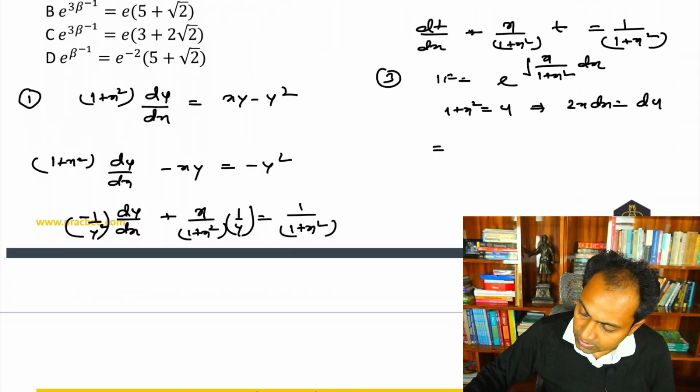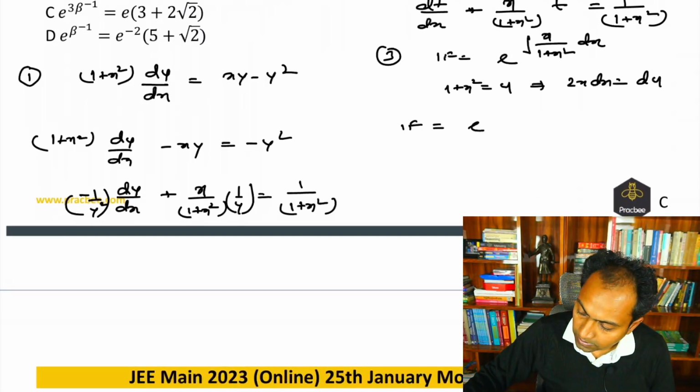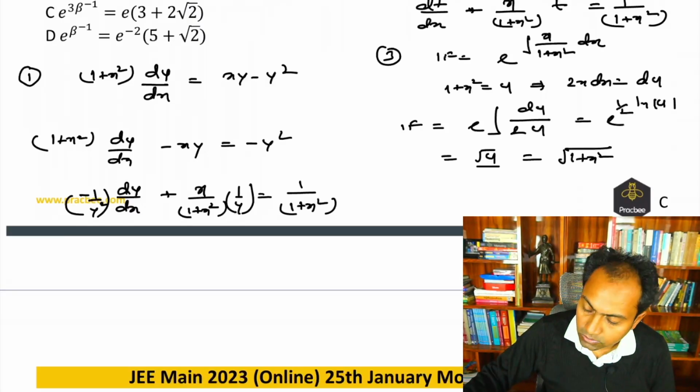And now this integrating factor in turn will become e raised to the power integration of du by 2u, that is nothing but e raised to the power 1 by 2 ln of mod of u. And that will become nothing but root u, that is nothing but root of 1 plus x square.